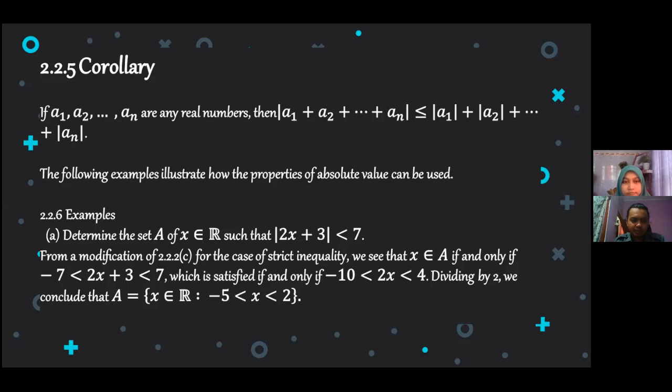The first example is to determine the set A of x elements of the real numbers such that the absolute value of 2x plus 3 is less than 7.